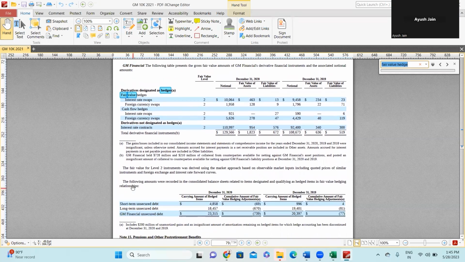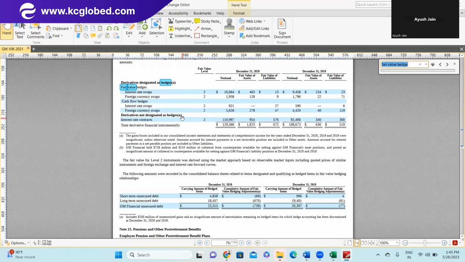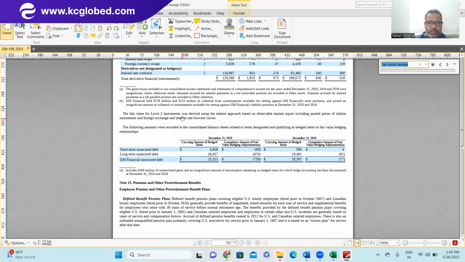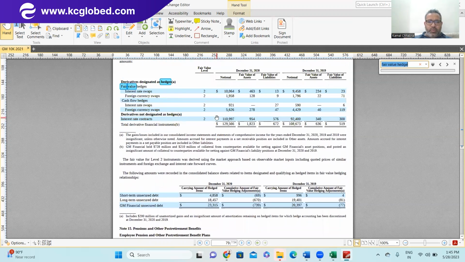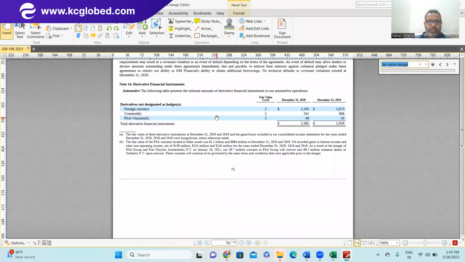This is the notional amount, the underlying asset amount. Right, and then here you need to disclose the carrying amount and cumulative adjustment, which we were discussing. So these kinds of disclosures you need to give in the financial statement for derivatives and financial instruments.